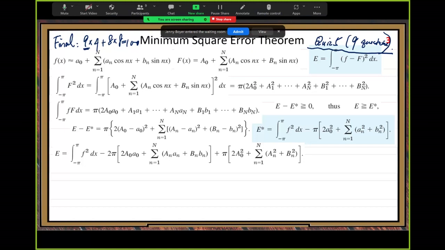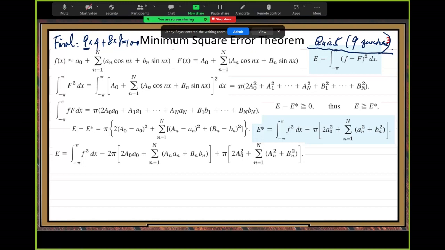So this complete square formula tells us E star error is the minimum error among all the candidates, all the trigonometric polynomials of degree n. It tells us the partial sum of the Fourier series always gives us the best error.